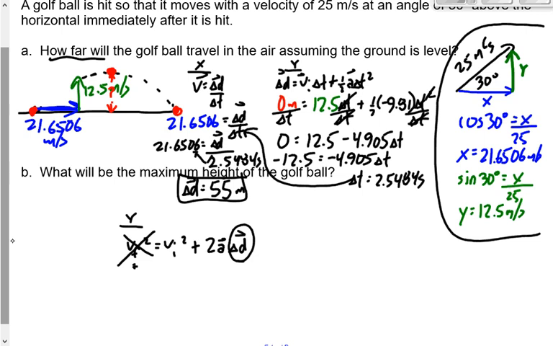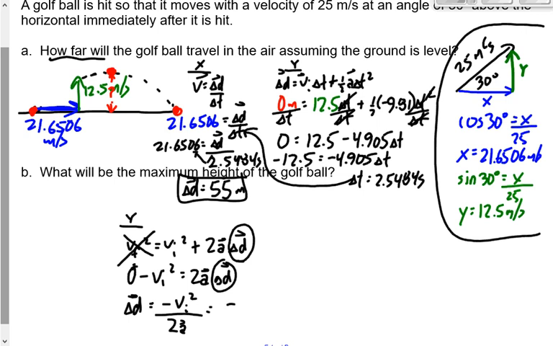So let's rearrange this. We're going to take the VI squared over by subtracting. And then we're going to take the 2A over by dividing. I'm just going to say delta D is equal to negative VI squared over 2A. That's negative, VI is 12.5.